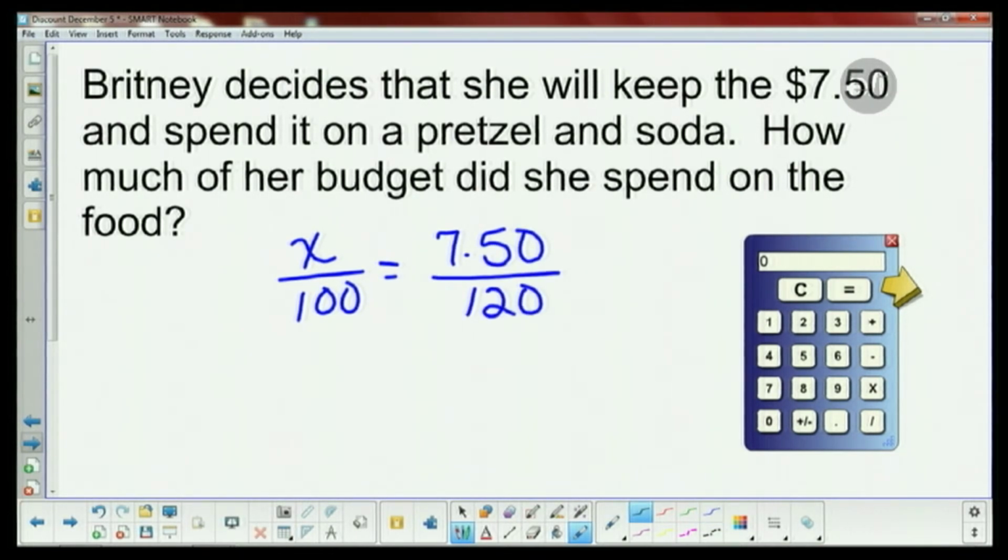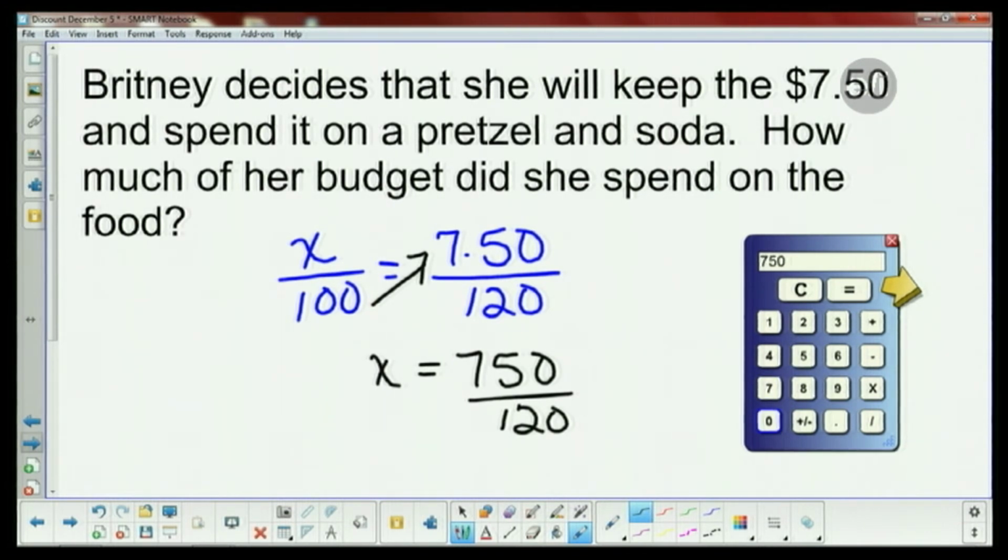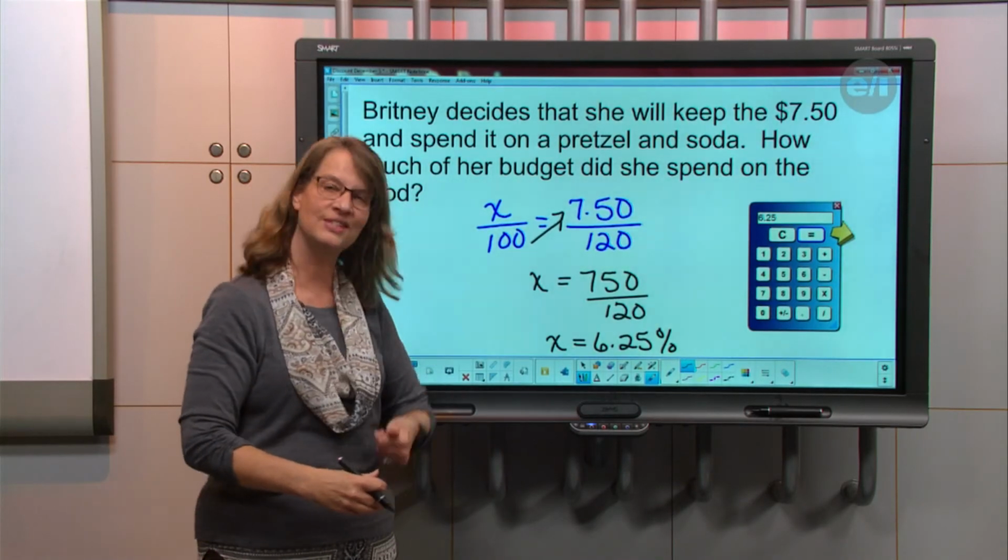Again, we're going to cross multiply. So you get 750 divided by 120. We're going to get, she's going to spend 6.25% of her $120 budget on herself.